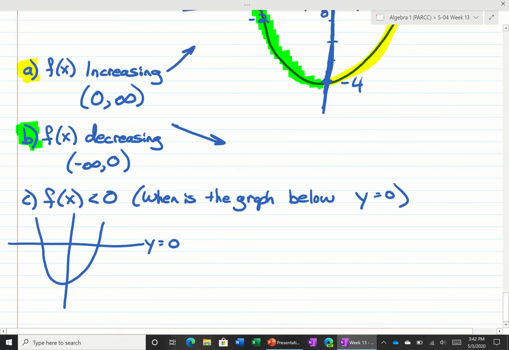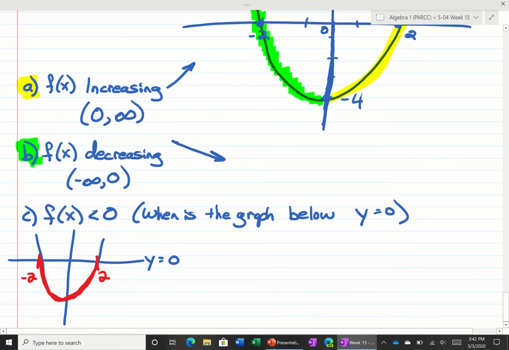So the graph is below that line, looks like for this segment, right there. And that region goes from when x is -2 to when x is +2. So the way that we write this is we would say f of x is less than 0 between -2 and 2. That's how we write that.